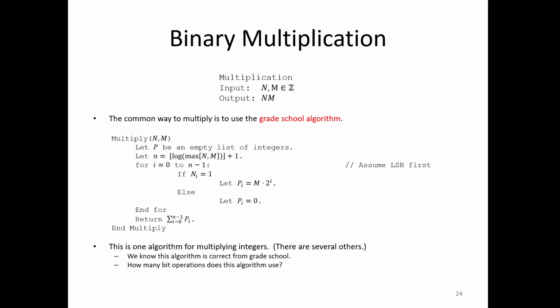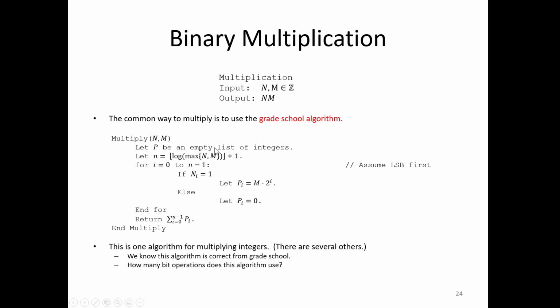So we're going to do that same thing. We're going to go through each iteration of our loop here and calculate one of our intermediary products, and then once we have it, we conclude by just adding them all together. So we see here our last little step, we're going to return a sum. We're just going to add up all these P_i's that we've calculated.